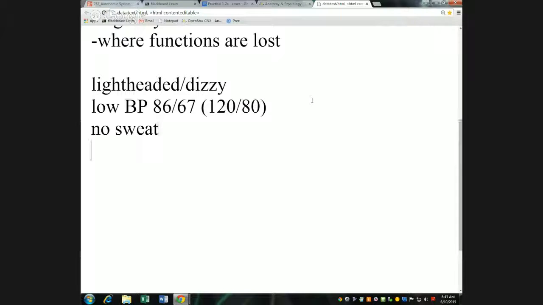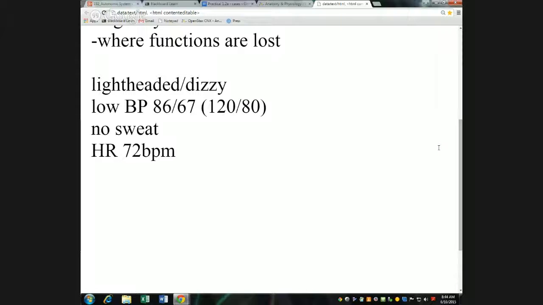So what is his heart rate? 72. Okay, 72 beats per minute. What's normal heart rate? Yes, that's an appropriate response, but I do want to modify that a little bit. You'll often hear 60 to 100, but a normal resting heart rate should be between 60 and 80. The 80 to 100 still can be an acceptable heart rate, but that's going to be a heart that's doing some work.